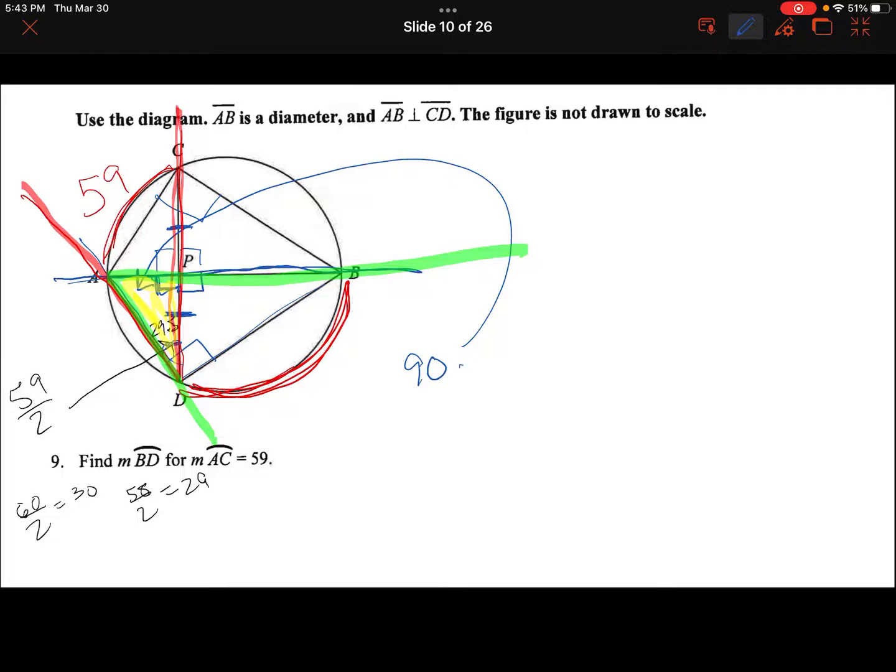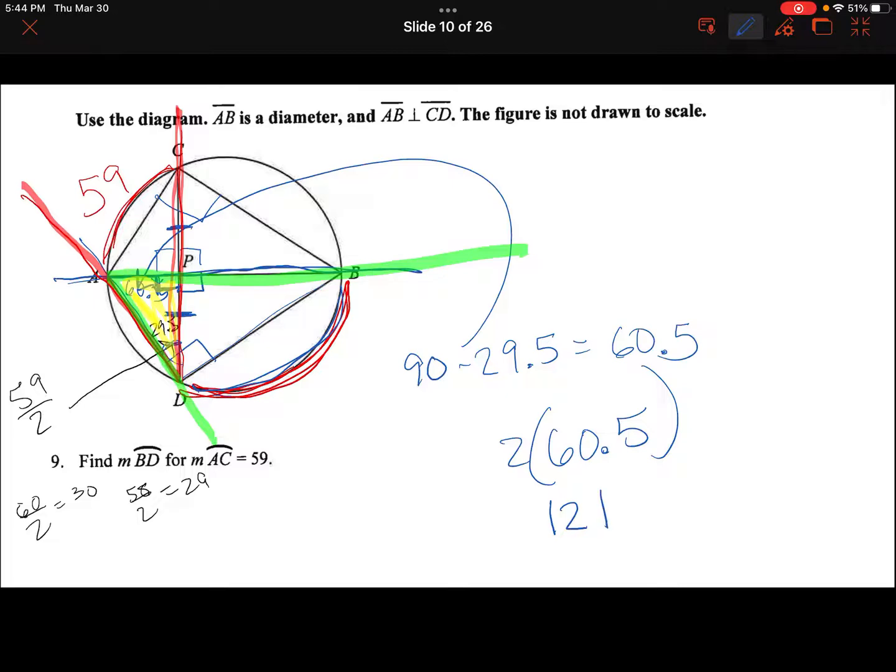So we have 90 minus 29.5. If I did 90 minus 30, that would give me 60, but I took 0.5 too much. So I should have 60.5 for my angle. Recall that an arc is always double the measure of the inscribed angle. So 2 times 60.5 will give us the measure of arc BD. 2 times 60.5 should be 121 degrees.